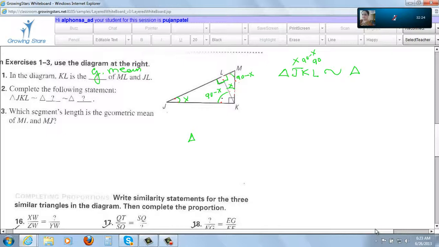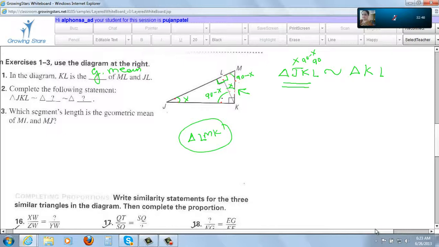JLK? No, JKL we have already written, isn't it? Now go for the other triangle, this triangle here, LMK triangle. In which order can you write the vertices? KLM. Very good. K, L, no, not L. L is 90, isn't it?